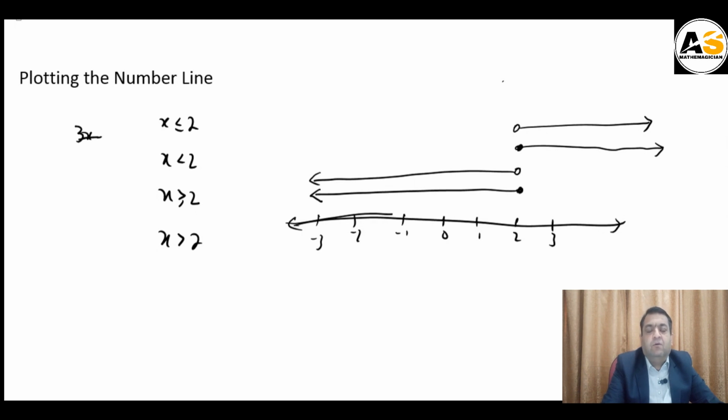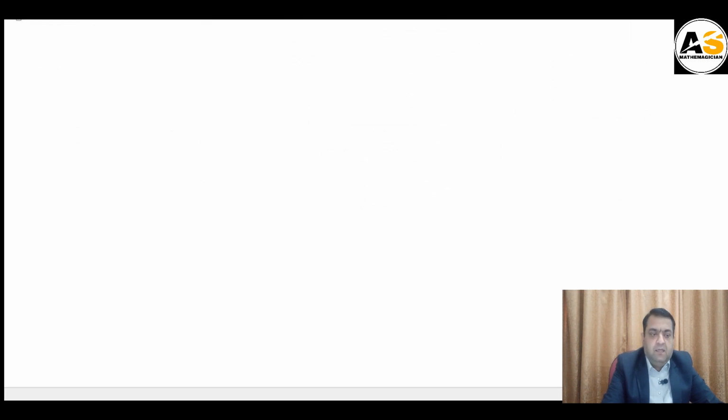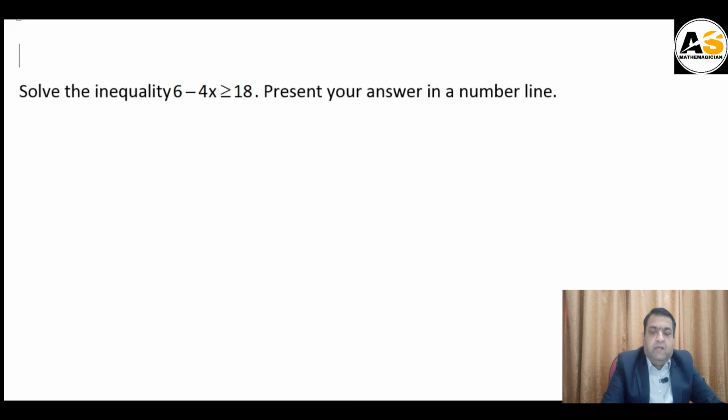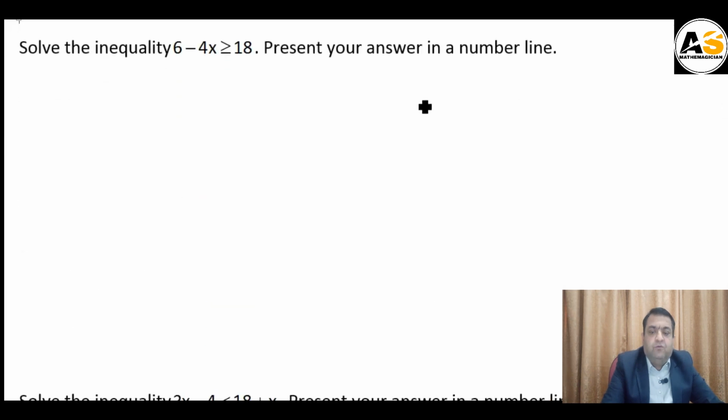Less than sign or less than or equal to sign will be converted to greater than or greater than or equal to sign accordingly. To wind up today's discussion, let us solve a few questions.